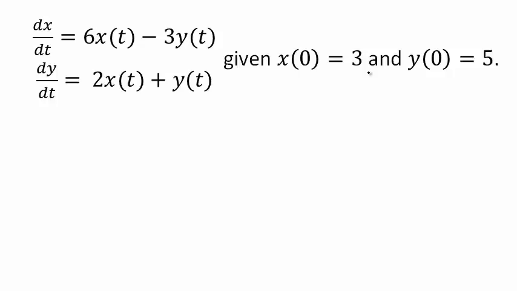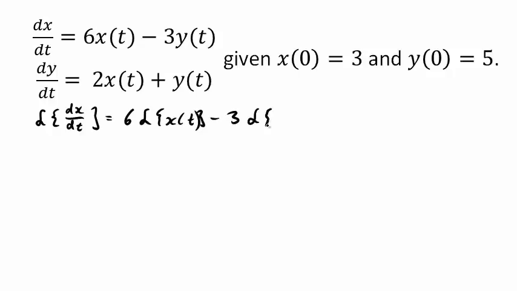So of course the solution we're after is a function x in t and a function y in t. And these two functions have to fulfill both differential equations. So what do we do? First of all, we're going to find the Laplace transforms of the two equations. So I've got the Laplace transform of dx/dt, which is 6 times the Laplace transform of x(t) minus 3 times the Laplace transform of y(t).